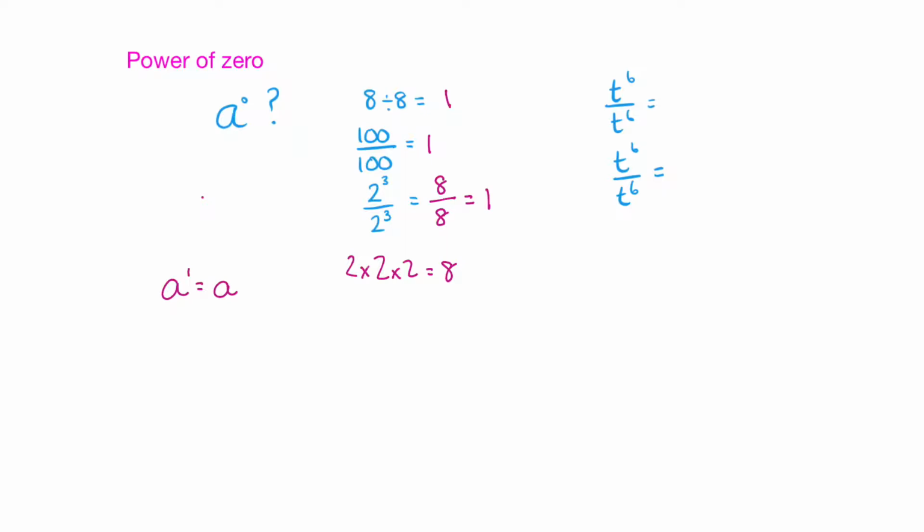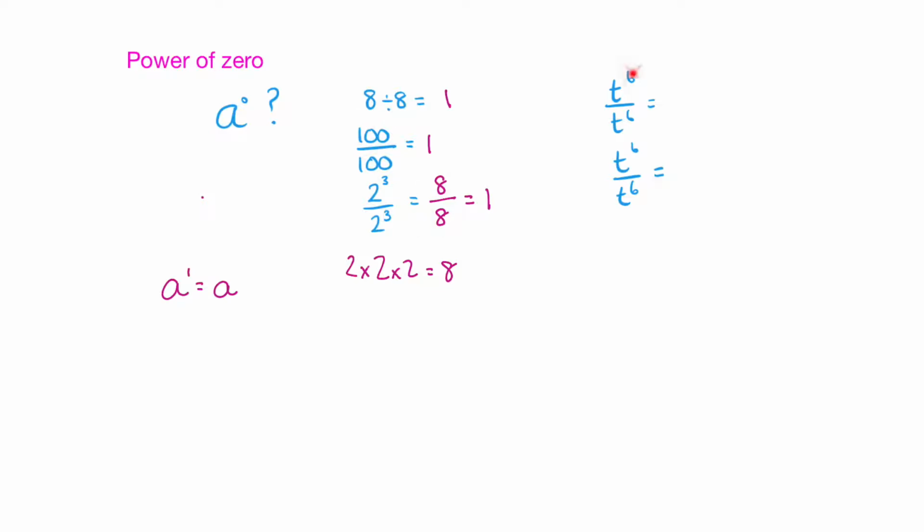Okay, now if we think about our rules of indices, we're going to arrive at something very interesting in a minute. But let's see here. If we are dividing something by itself, as we've seen here, the answer is always 1.